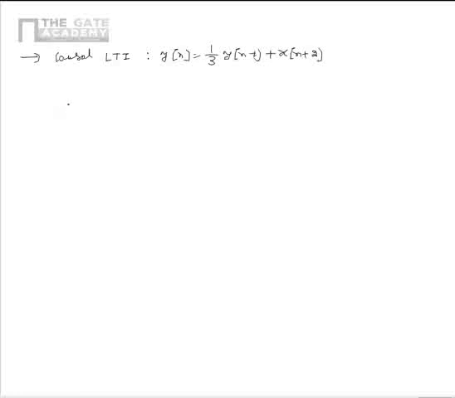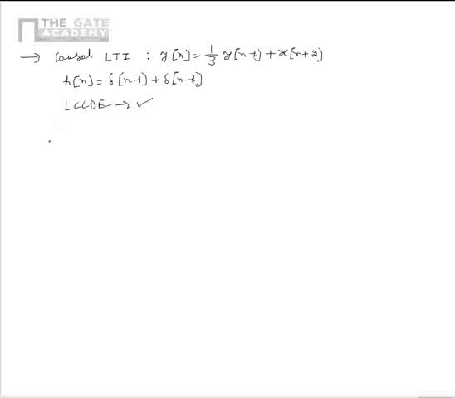It is connected in cascade with another LTI system of impulse response h of n is equal to delta of n minus 1 plus delta of n minus 3. We need to find the LCCDE that represents the cascaded system.